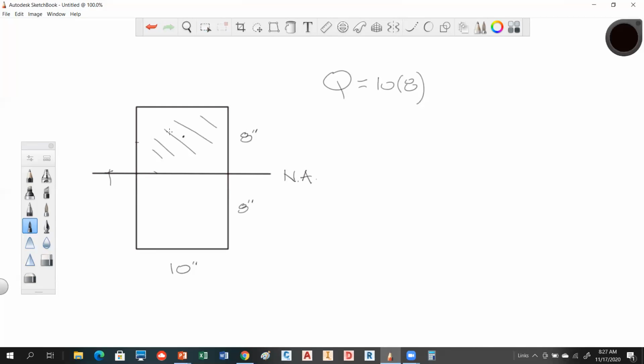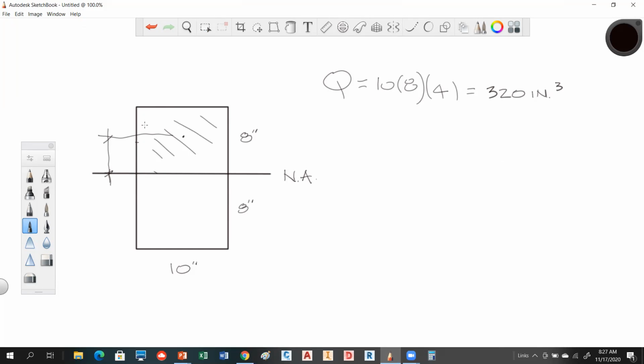The centroid of that area is going to be right in the middle. So what would that distance be there? 4. It would be 4. So for this beam, we have an area of 10 times 8 times 4, so we would have 320 inches to the third. That's not too bad, right?